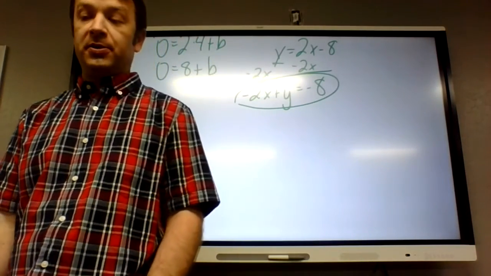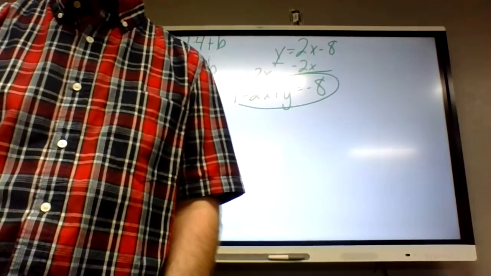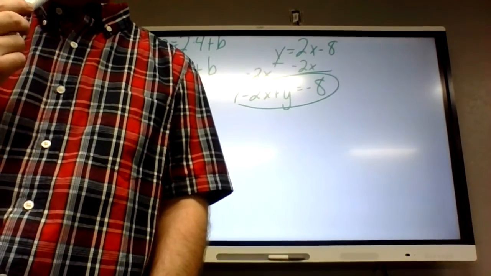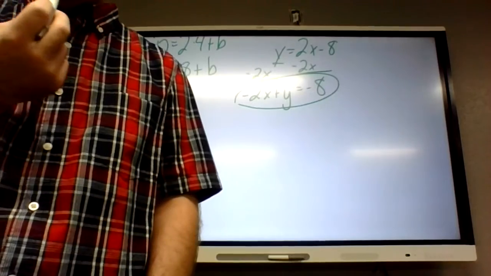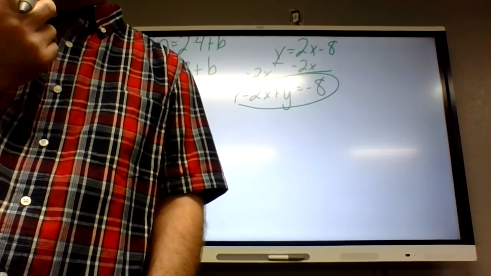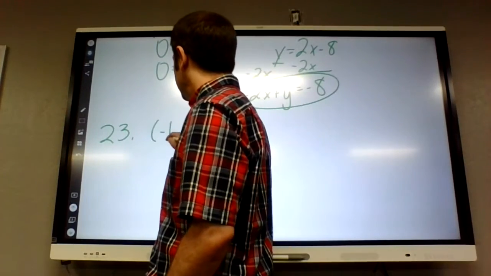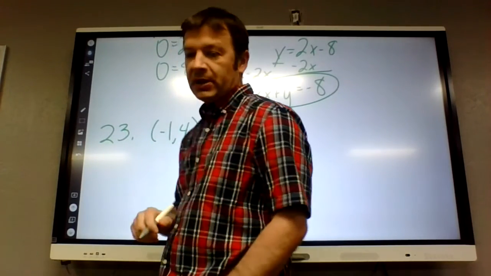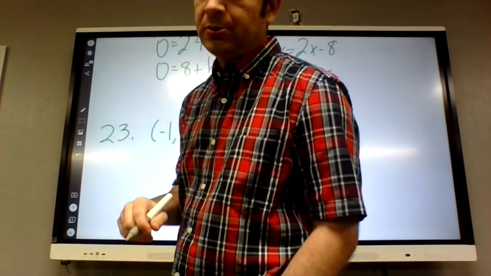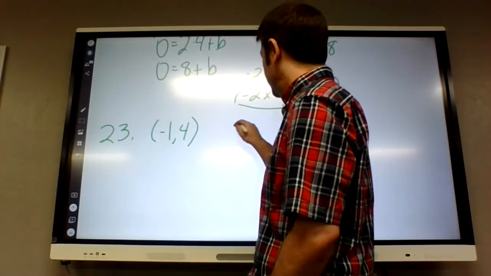We're gonna go to 23 today. The line passes through (-1, 4) and is perpendicular to 3x minus 2y equals 5.